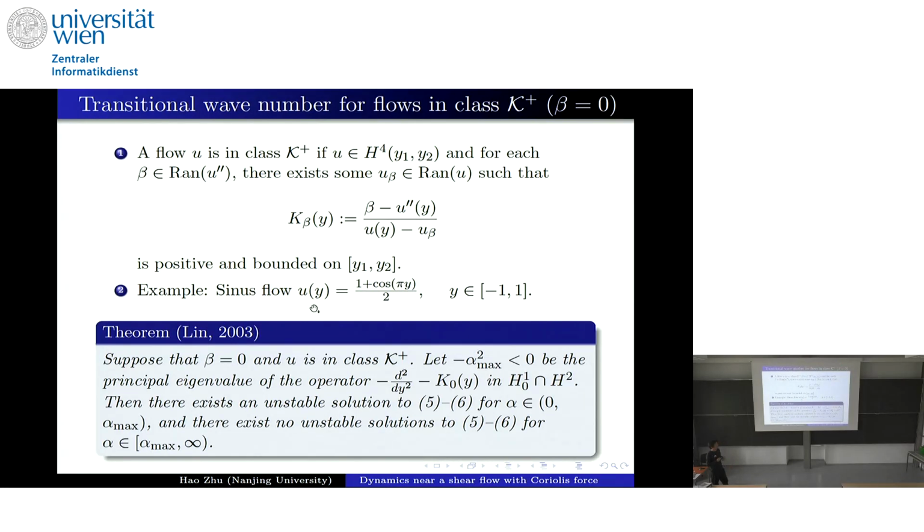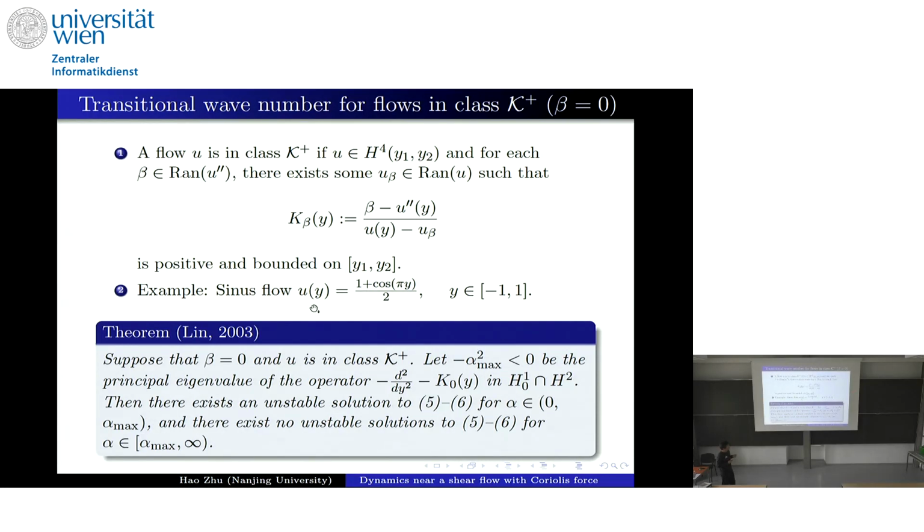So I say this is a special class of shear flow. For example, the standard flow satisfies this. If beta is 0, then the shear flow belongs to this class.